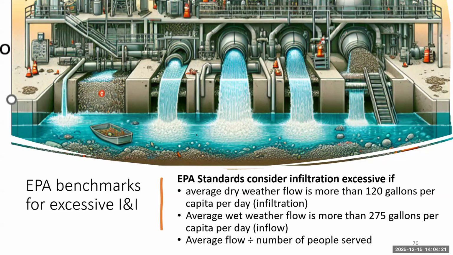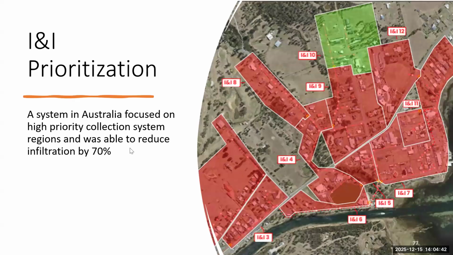And during wet weather flow, anything over 275 gallons per day of inflow is considered excessive. So in dry weather, you're measuring infiltration, and in wet weather, you're measuring inflow. And so you could use both of those to make a case for needing to repair or inspect.